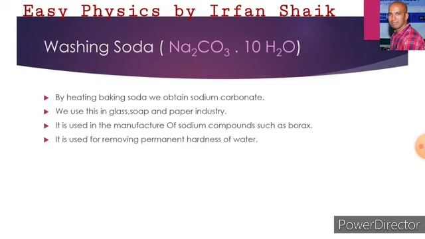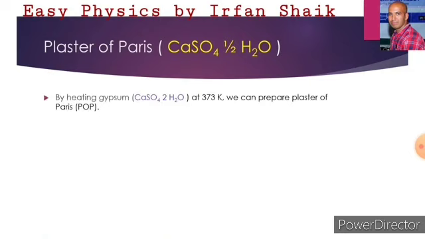Let us learn about another common salt, that is plaster of Paris. Its formula is CaSO4·½H2O. By heating gypsum at 373 Kelvin, we can prepare plaster of Paris. Simply we call it POP.